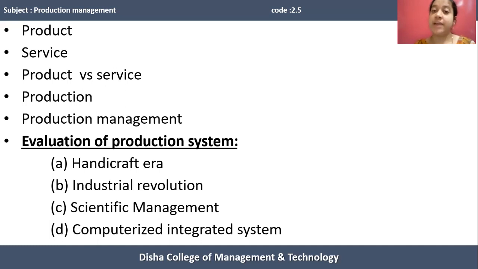And for working successfully on these three criteria, they identified two things, that is cost minimization and quality improvement.